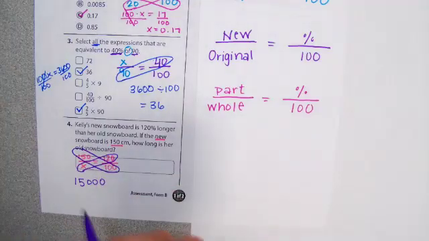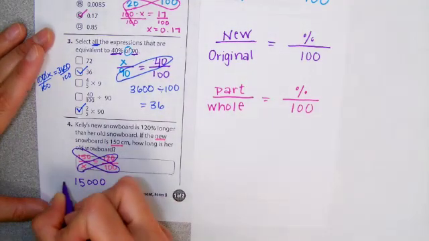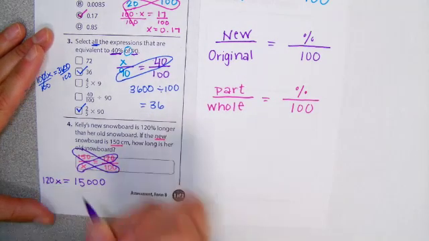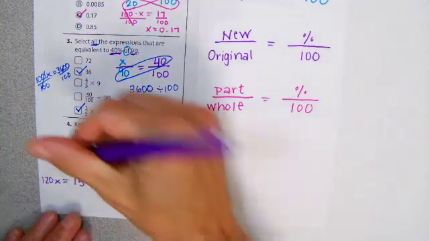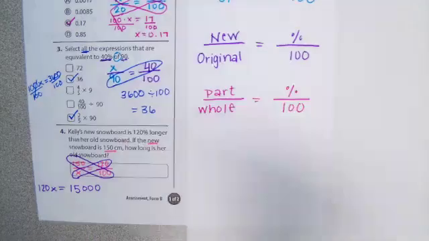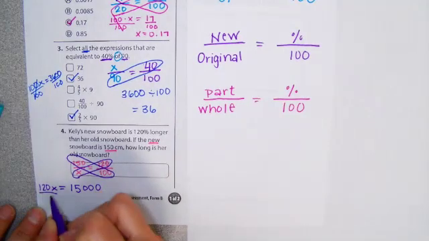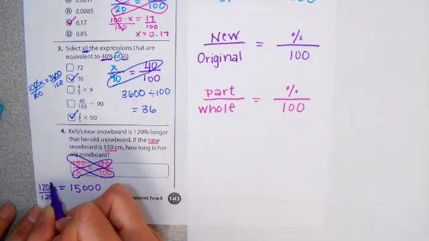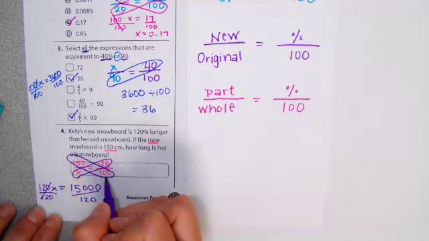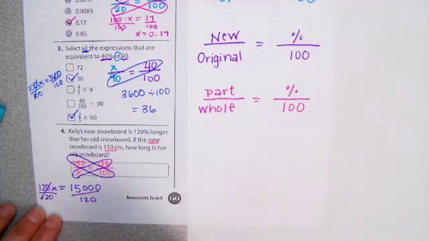The other side is 120 times x. So we cross multiplied, and then we divide. The reason we're dividing is because we want to undo this and get x by itself. We take our answer here and divide it by the odd one out.